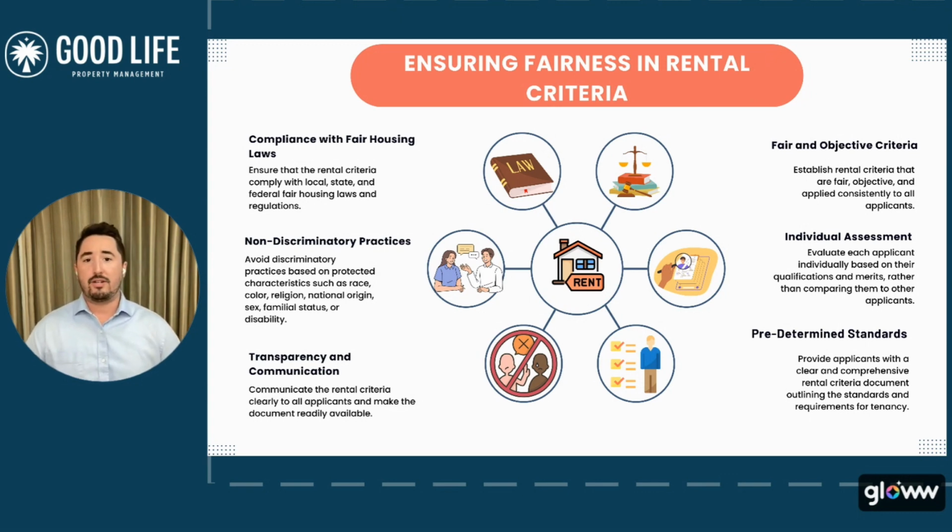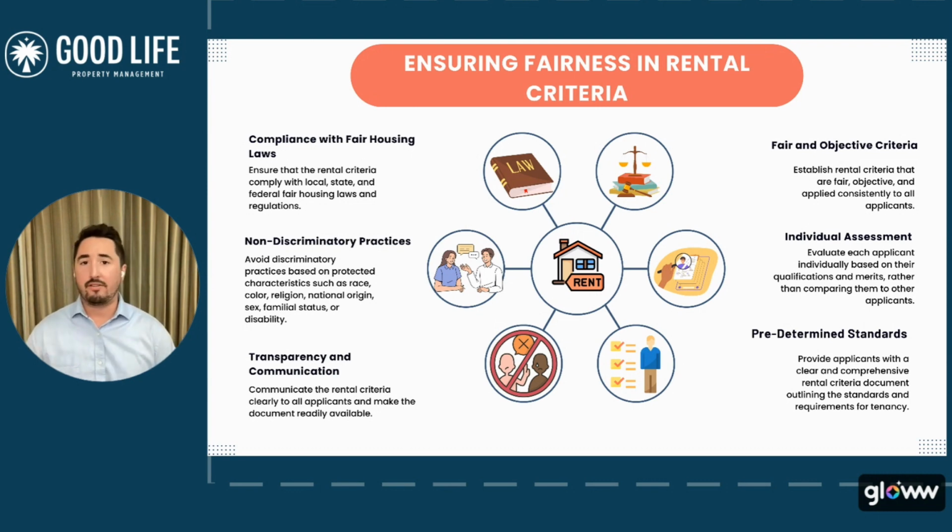One of the third fundamentals for ensuring fairness in your rental criteria is very transparent communication, meaning you need to let prospective tenants know, once they've submitted an application, if they're missing any of your key rental criteria, as well as timeline updates, where you're at in the whole process.